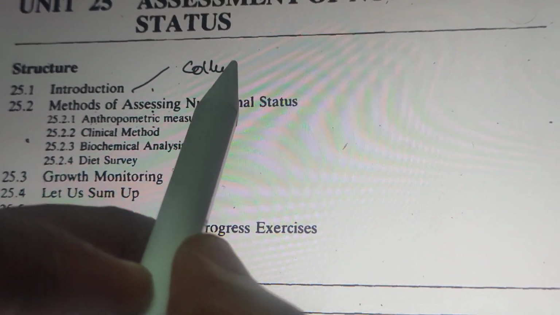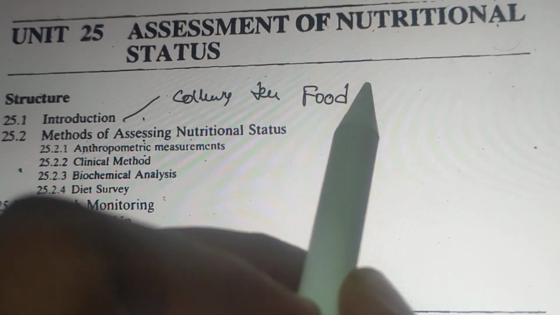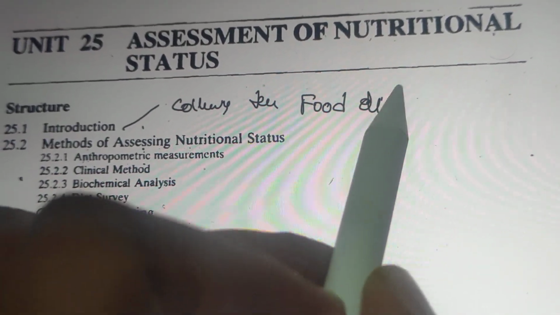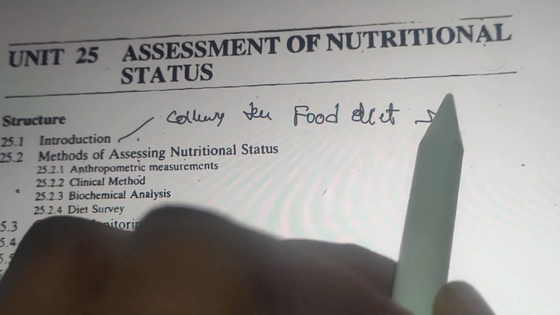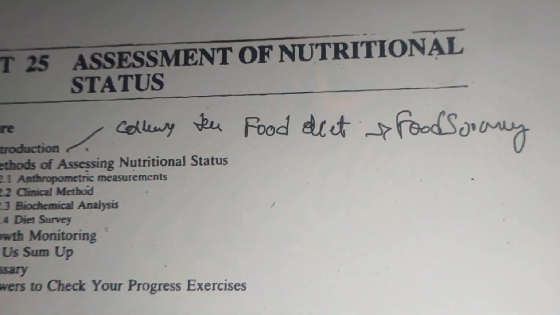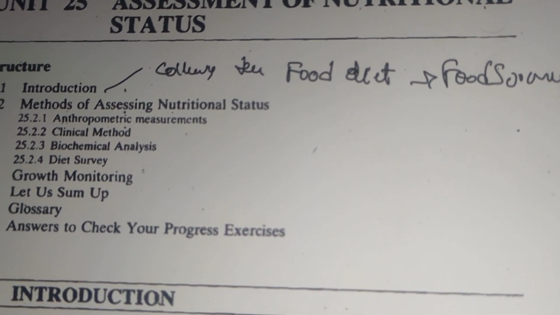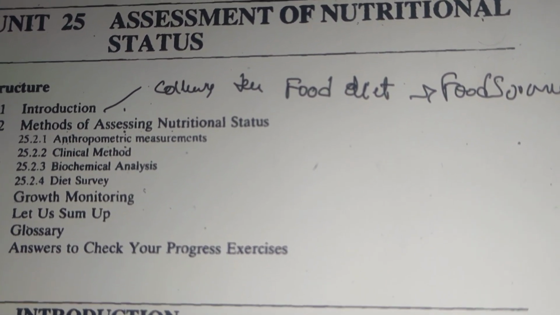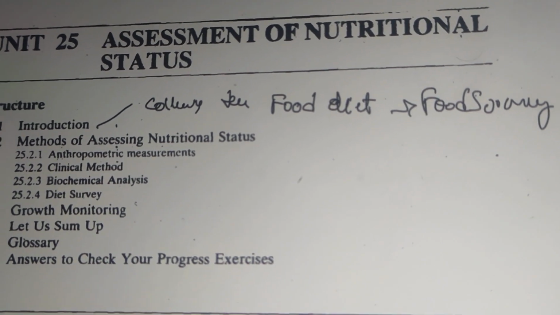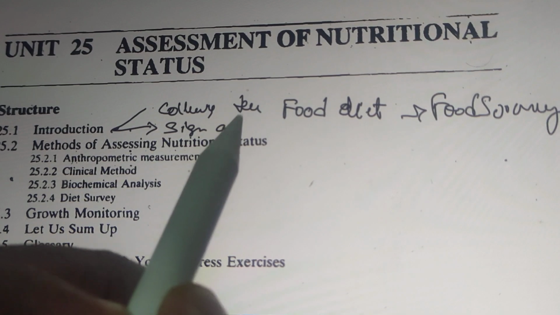Collecting the food diet, or doing a food survey. So what he is eating, by collecting that kind of information also you can understand the nutritional status of the person, like by signs and symptoms.